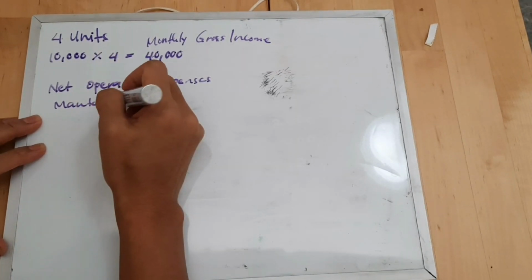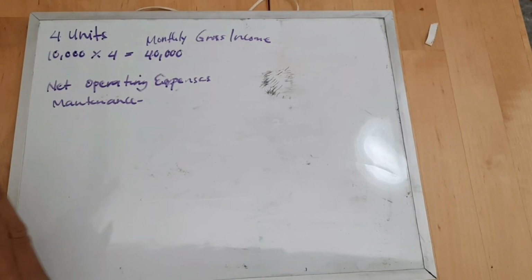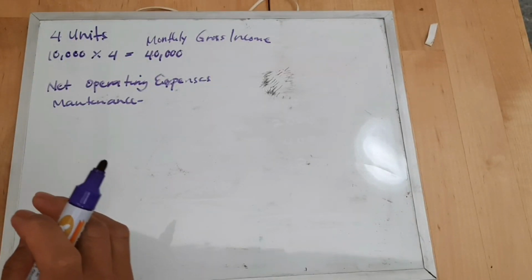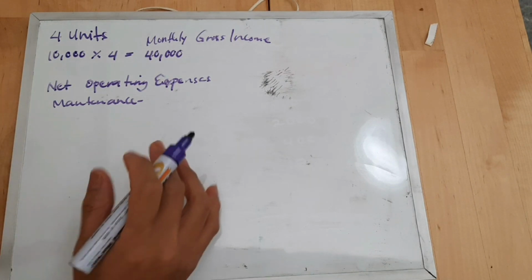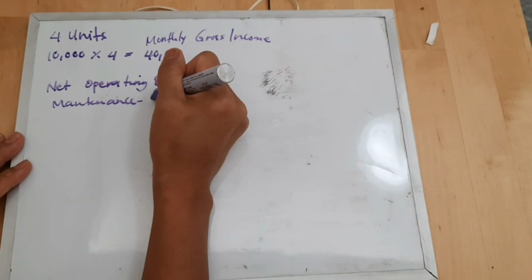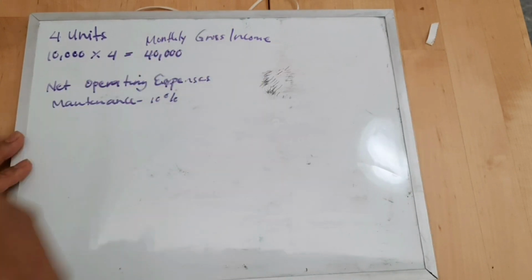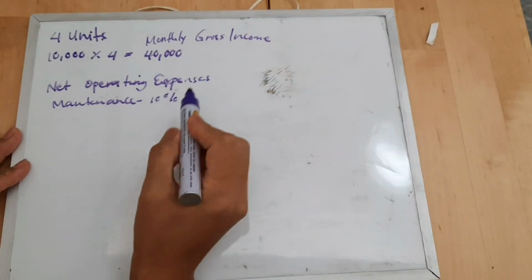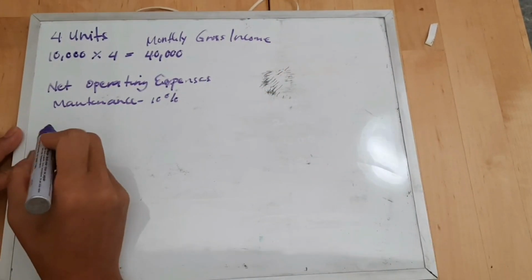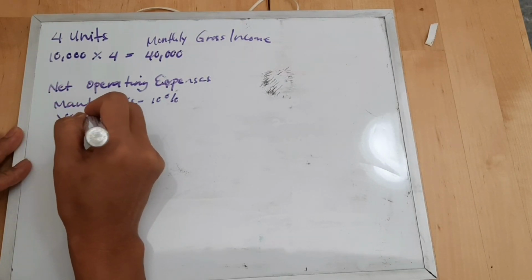Maintenance includes your toilet repairs, windows, or anything that you need to repair on that property. Most likely you need to allocate at least 5%, but not higher than 10%. So that is 10%. And the next one is the vacancy rate.